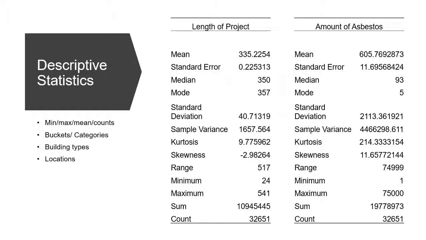If you take a look at the sums of the lengths of the project and the amount of asbestos, you can see the total amount of time measured in days and the total amount of asbestos measured in square feet in this data.